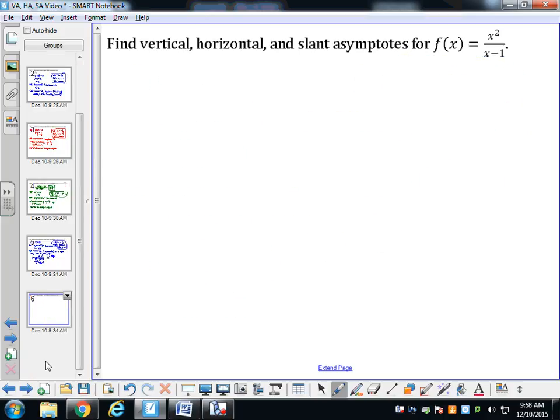And the last problem. f of x equals x squared over (x minus 1). First, check to see if I can simplify, which I cannot. So to find my vertical asymptote, I take the denominator, set it equal to 0. So I get x equals 1.